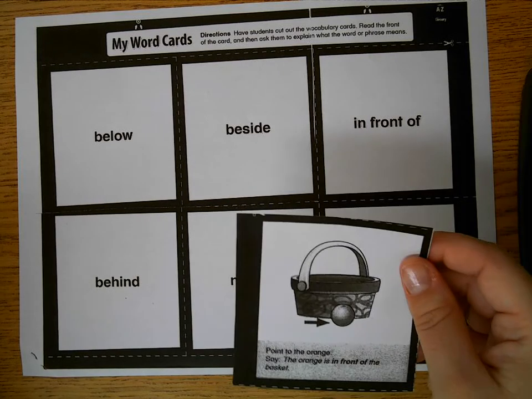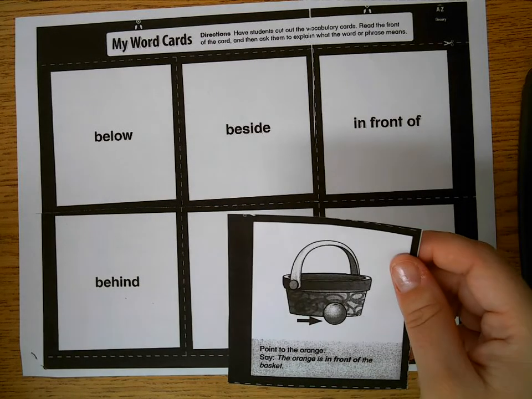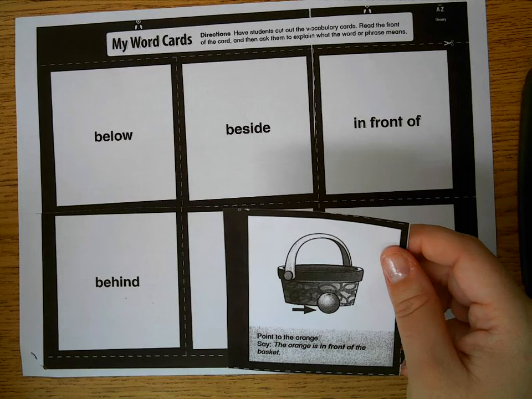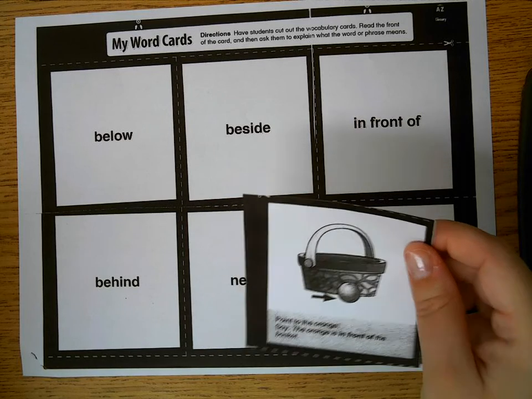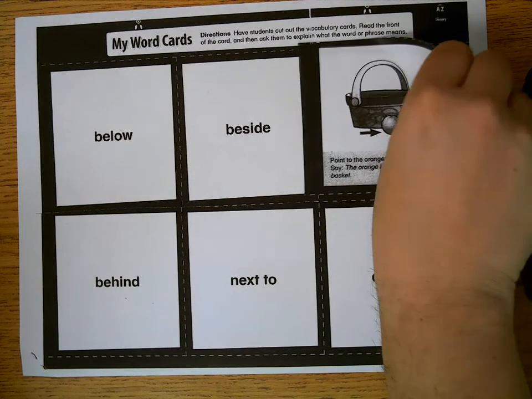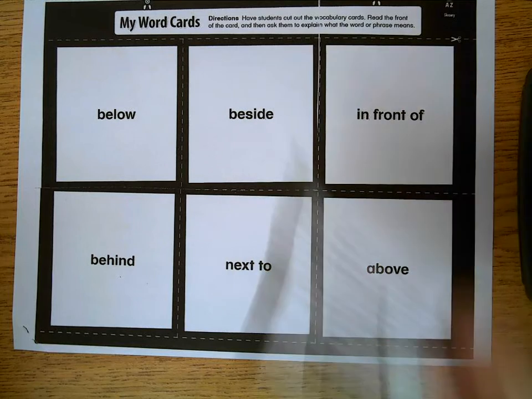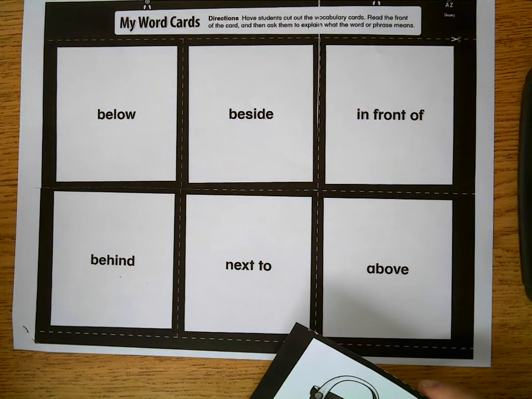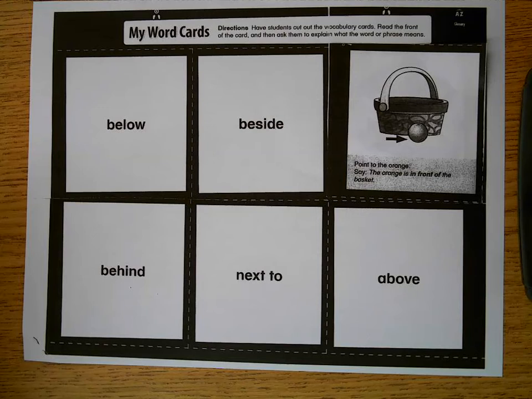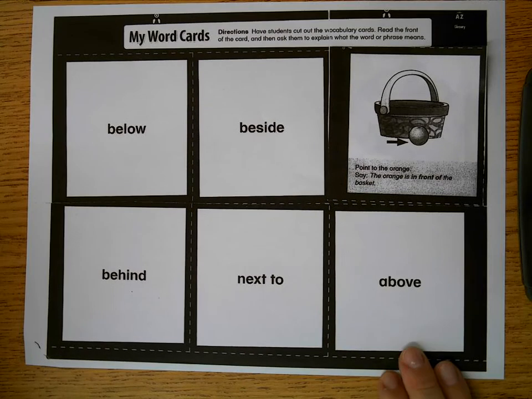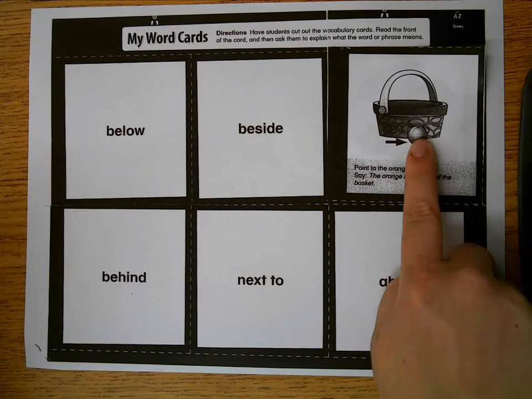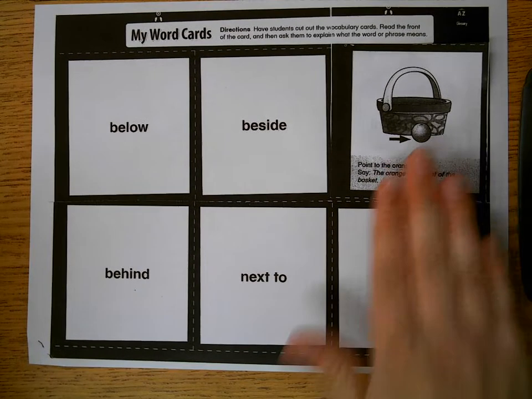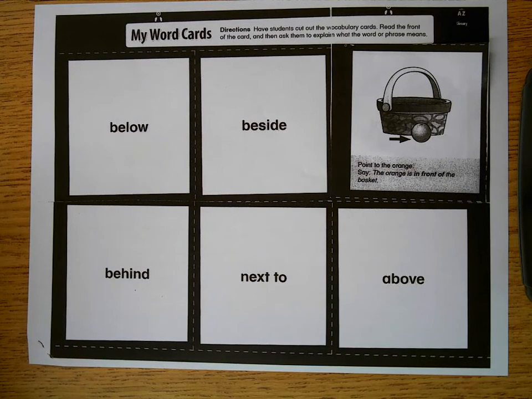So what I'm going to do now, and you can pause the video to get this next thing if you don't have it near you, is glue this picture on top of in front of. Okay, so now you see my basket and my orange. My orange is glued on top of the word in front.